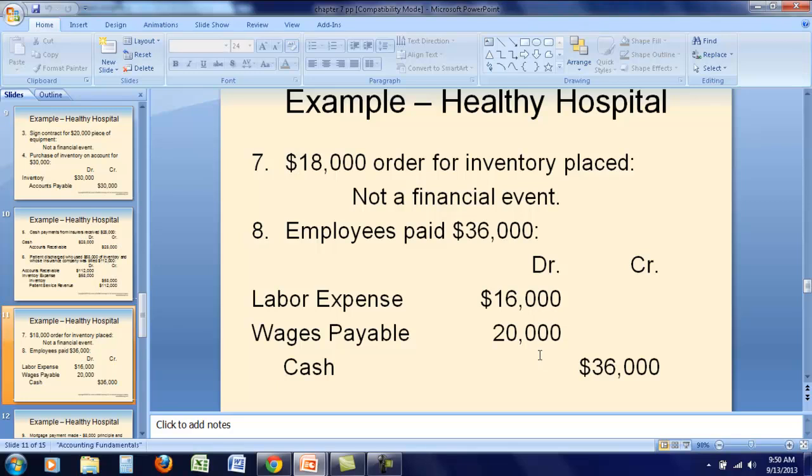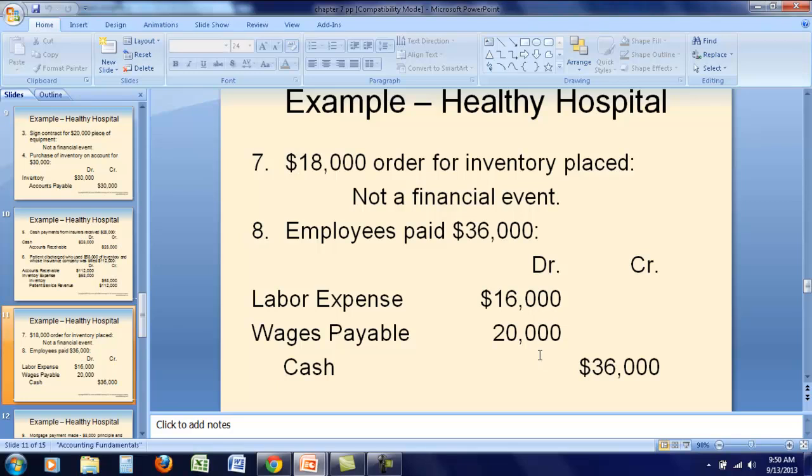So what about employees, right? I mean, we obviously are paying our employees something. So here's the entry we make to record paying our employees. So we have actual expense of 16,000, and the reason we hit wages payable for 20,000 is because we'd previously recorded a liability of 20,000. So say you pay biweekly, which is every 2 weeks.